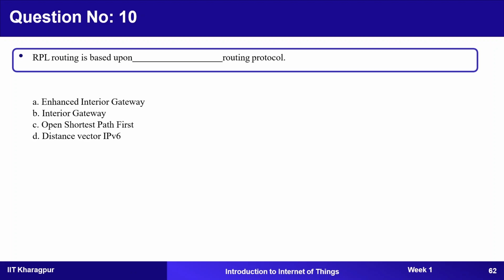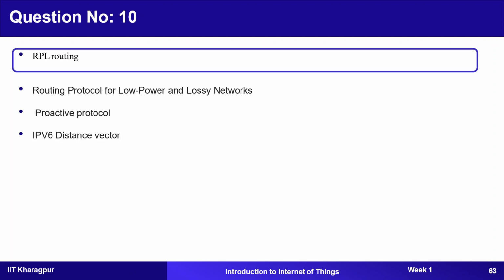No? Okay. So RPL is based on distance vector IPv6. These are the features of the RPL routing protocol. RPL stands for routing protocol for low power and lossy networks. It is a proactive protocol, and it uses IPv6 distance vector.